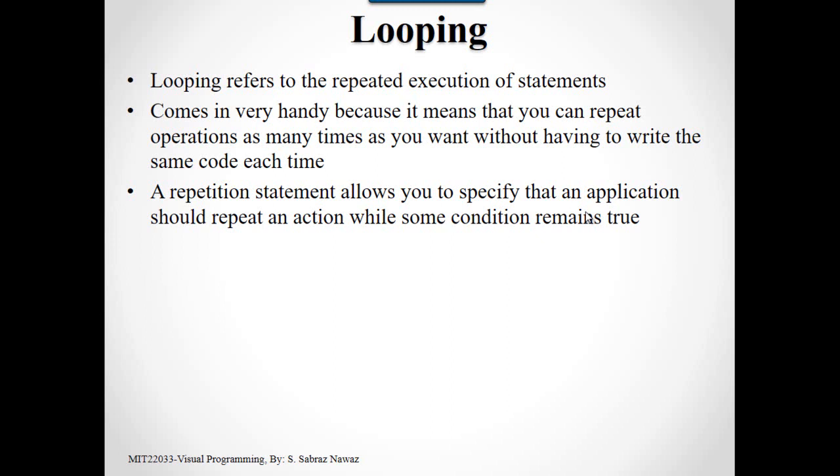So looping refers to the repetition of a particular statement, and you don't have to write the code again and again to perform a particular task. As long as a condition remains true, you can ask the program to repeat the code block.